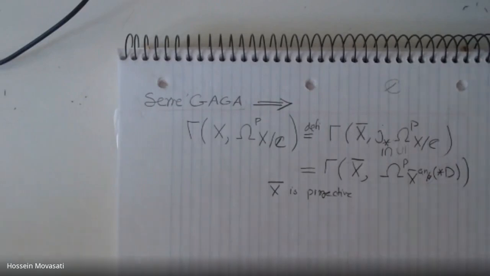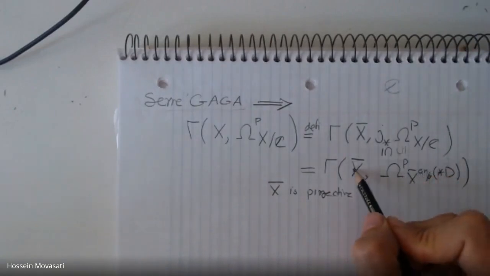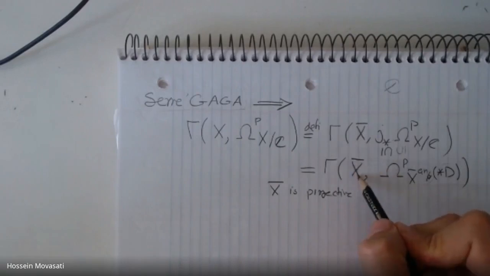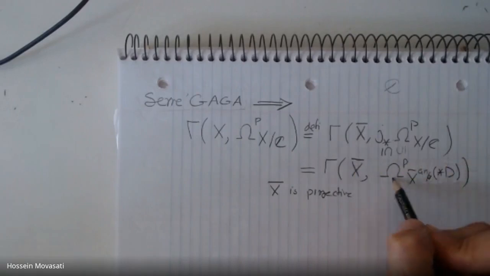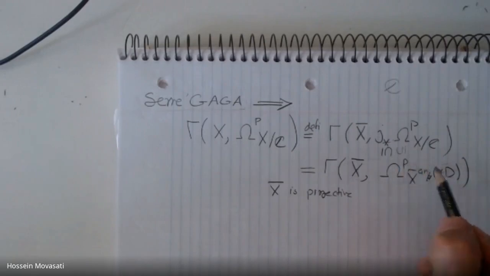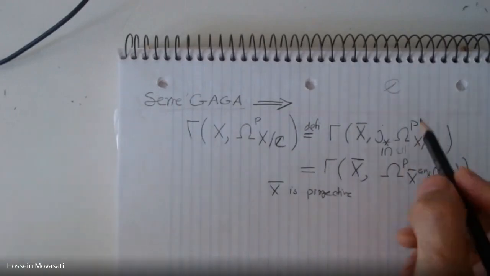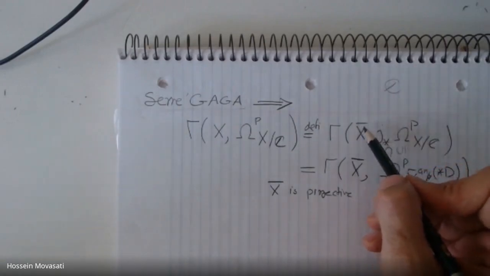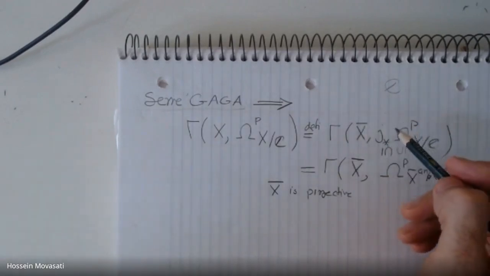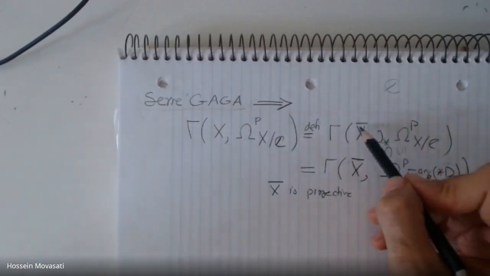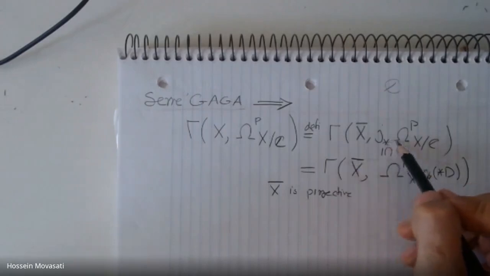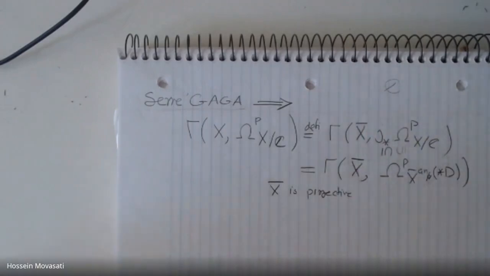Anyway, the moral of the story is that on compact, projective varieties, global sections of a coherent sheaf, if the coherent sheaf is the analytification of some algebraic sheaf, are already algebraic.